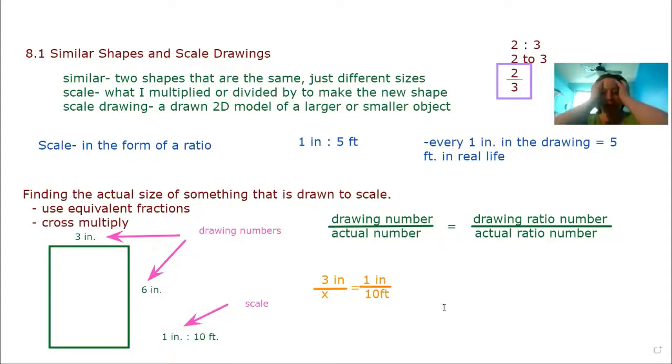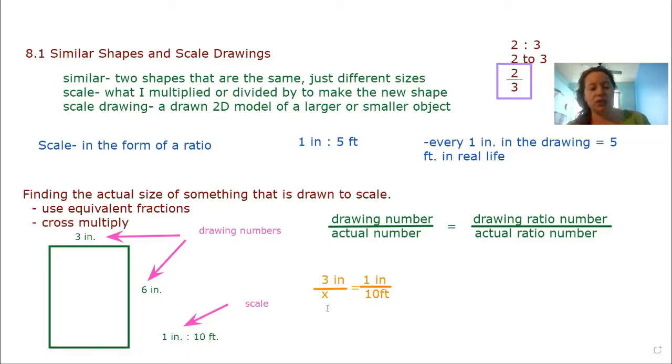There we go. Okay, so now your choice is, you can either say, what did I do to this to make this? So what did I do to the 1 to make it a 3? That one's really straightforward. I multiplied by 3. I went times 3. So on the bottom, whatever I do to the top, I have to do to the bottom.